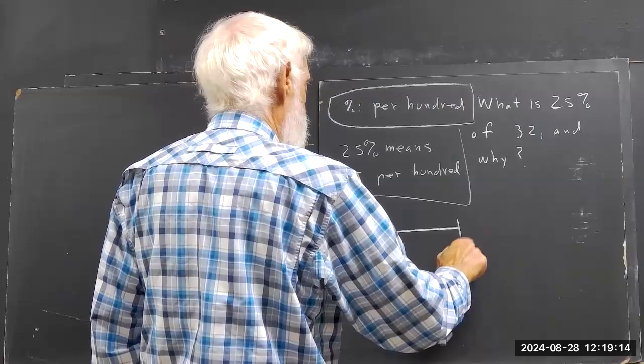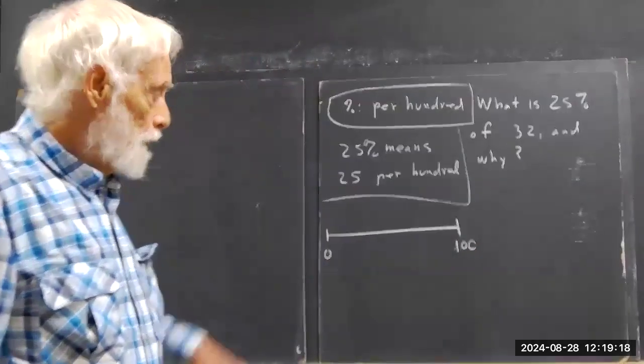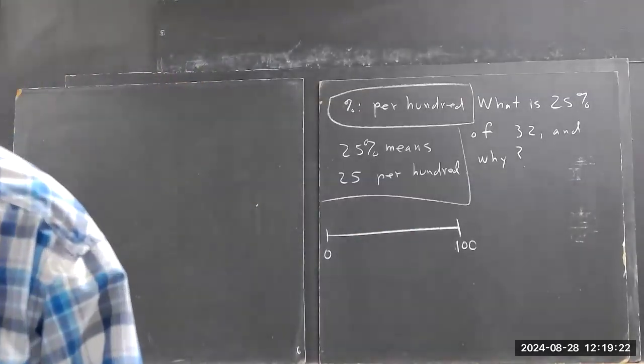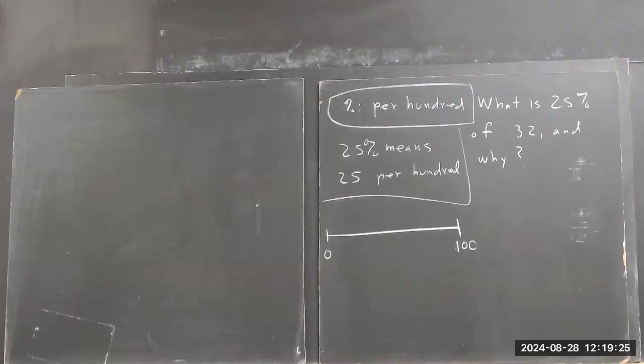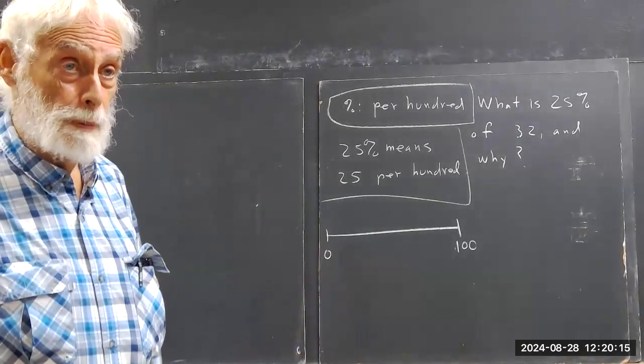Here's 0. Here's 100. Draw that for me and show me where 25 is. Everybody put 25 as close as could be expected in the right place.